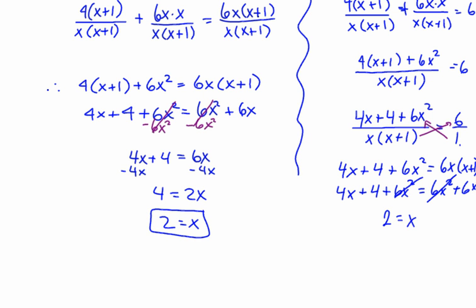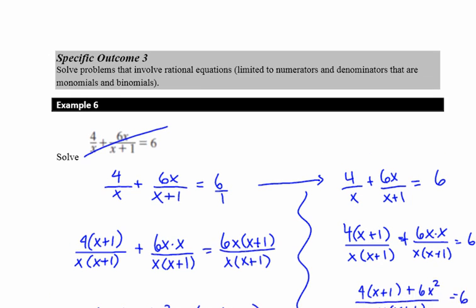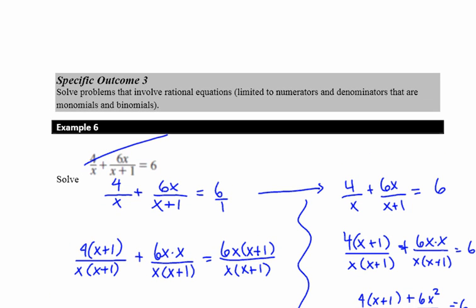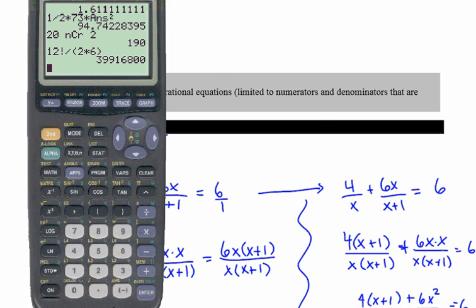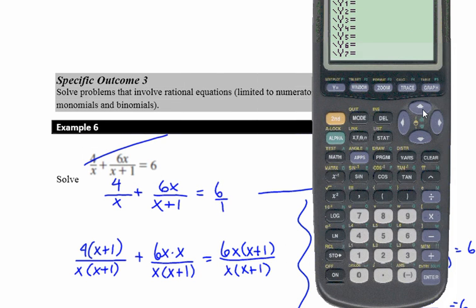The third way of solving them is graphically. Now in your graphing calculator, if I wanted to solve this graphically, we'd have to type in y equals the left side, so 4 over x plus 6x over x plus 1.